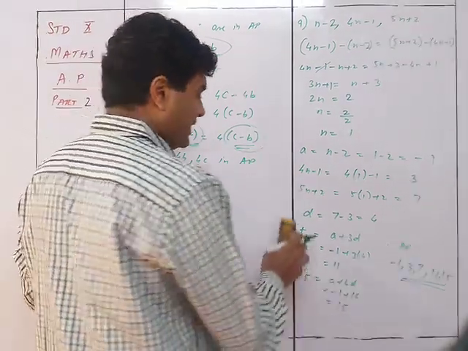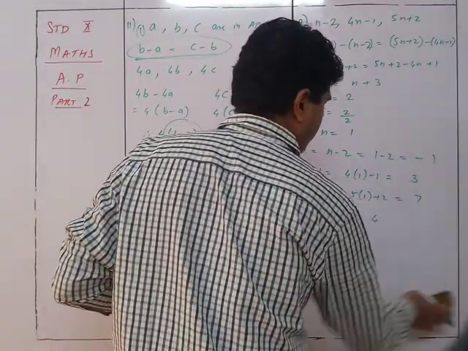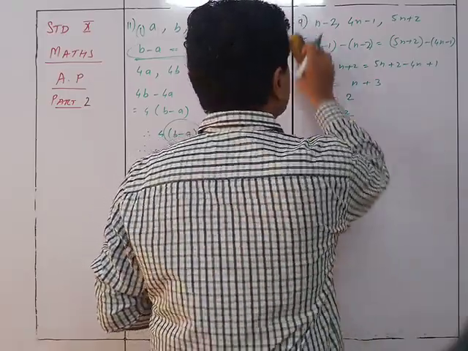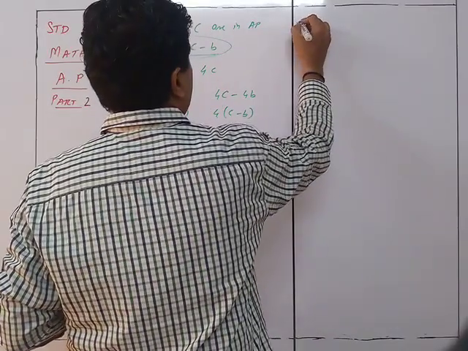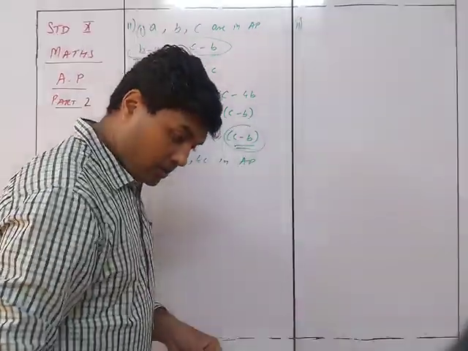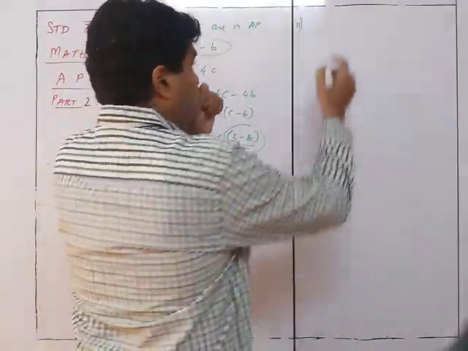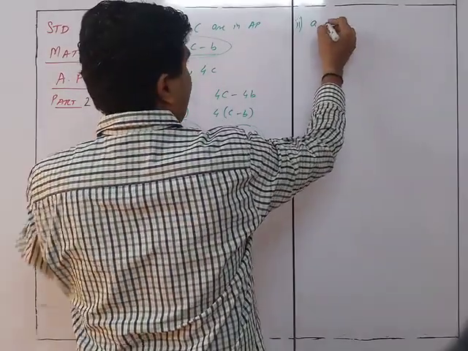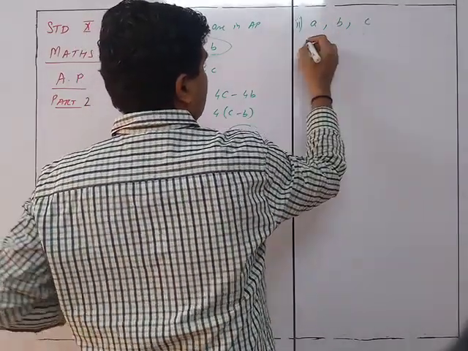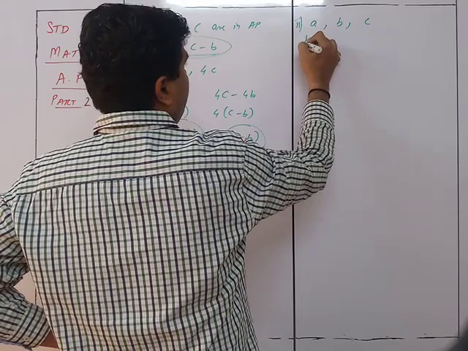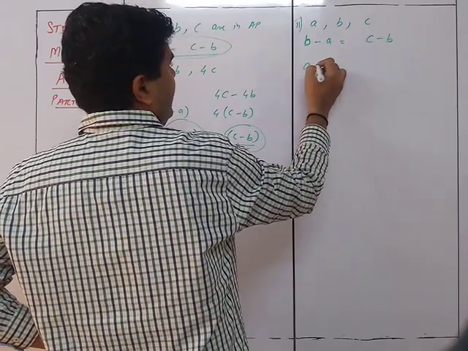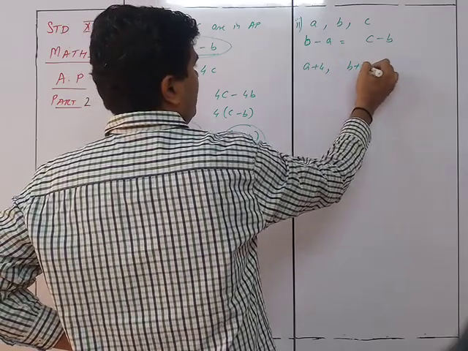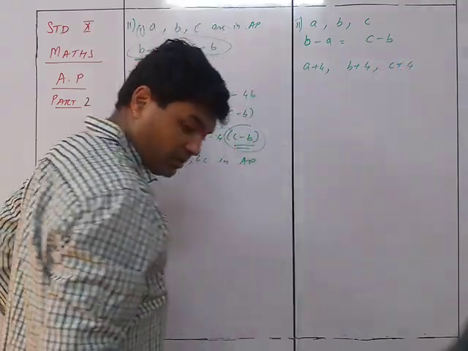We take the second part of the 11th sum. In the same way, A, B and C are in AP, so B minus A is equal to C minus B, and then they are given A plus 4, B plus 4 and C plus 4, okay?